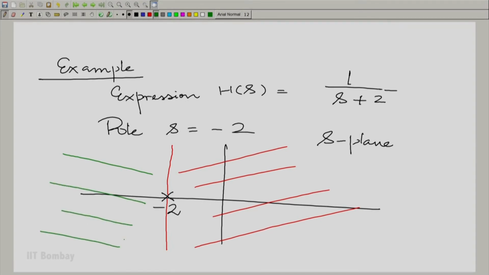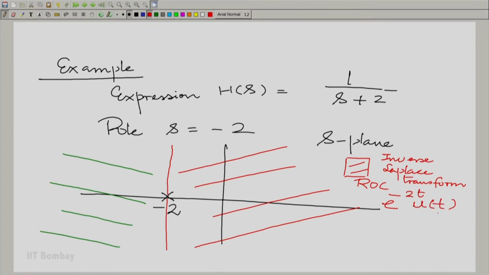Let us write down the inverse Laplace transform for each of these regions of convergence. If the region of convergence is the red one, then the inverse Laplace transform is e raised to the power -2t u(t). If the region of convergence is the green one, then the inverse Laplace transform is e raised to the power -2t, but with u(-t) with a negative sign.